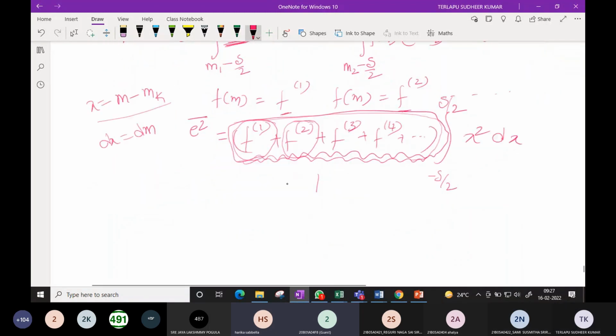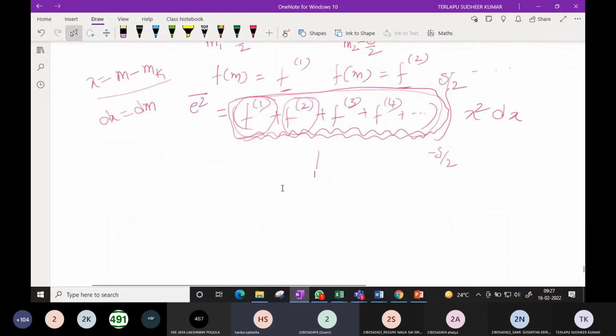Fine. So therefore, my mean square error is now the integral from minus s by 2 to s by 2 of x square dx.